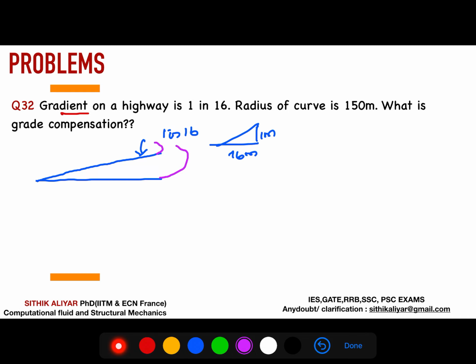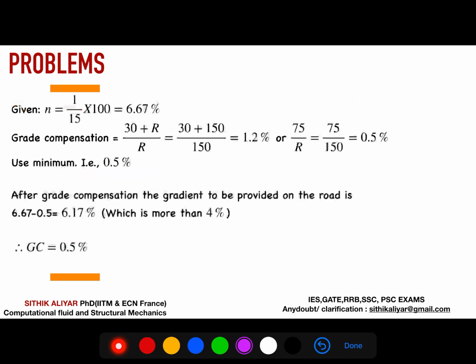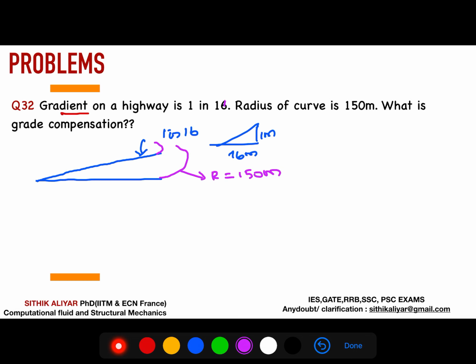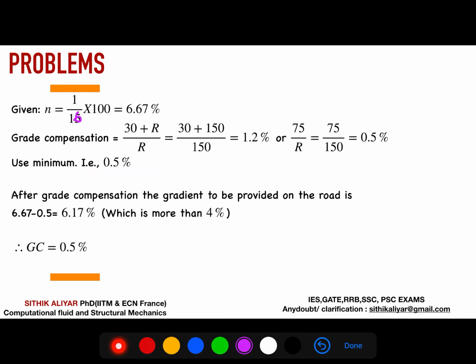So the horizontal curve's radius is 150 meters. They are asking what is the grade compensation. Oh sorry, take this question as 1 in 15. So for 1 by 15, we will get 6.67%.